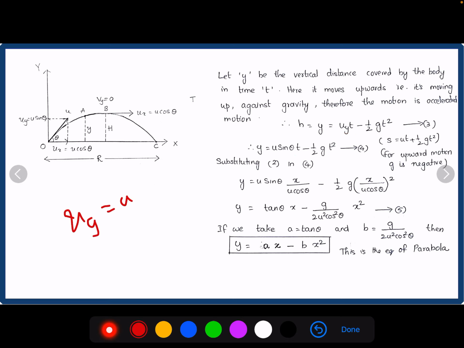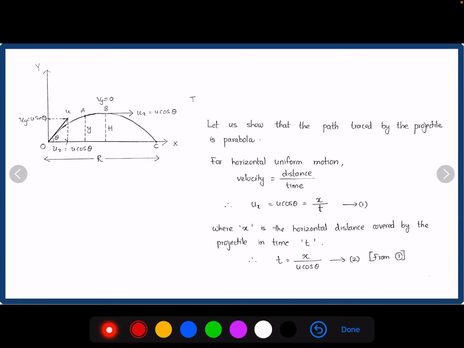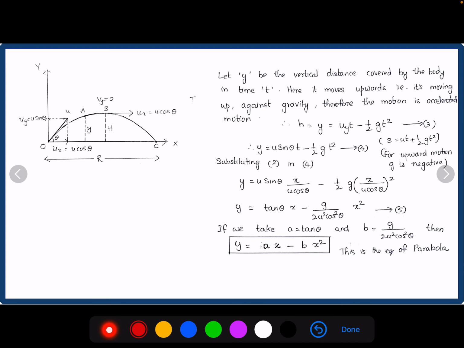Therefore, let us substitute equation 2 in equation 4. Equation 2 is t equal to x by u cos theta. In place of t, we substitute x by u cos theta, and in place of t square, x by u cos theta whole square. Then it becomes y is equal to u sin theta into x by u cos theta minus half g into x by u cos theta whole square.